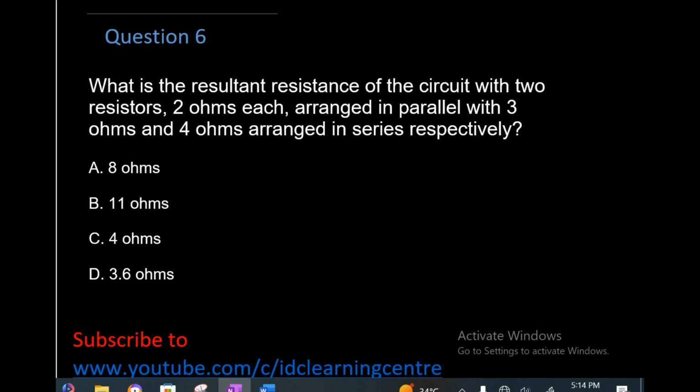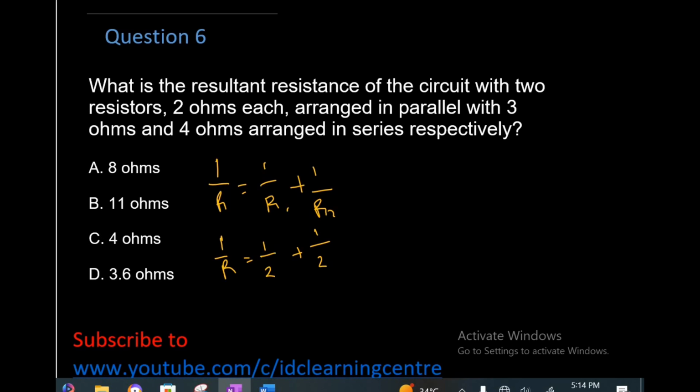For finding the resultant of the resistors in parallel, we use our formula 1 over R equals 1 over R1 plus 1 over R2. So 1 over R equals, our R1 is 2, so 1 over 2 plus 1 over R2, which is 2.